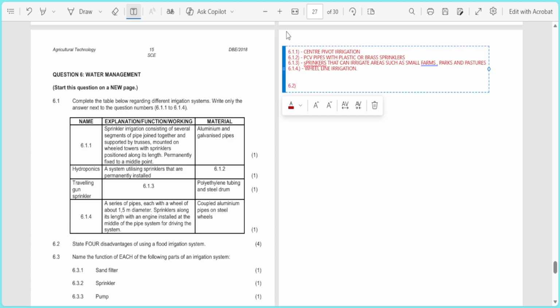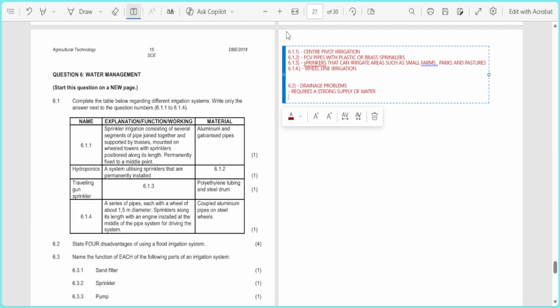So the disadvantages will include such things as drainage problems. It also requires a strong supply of water. I think we can say that.